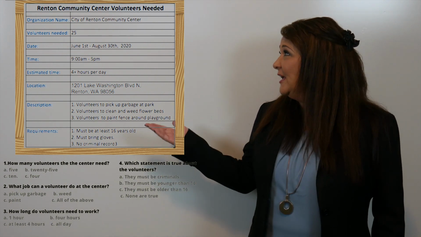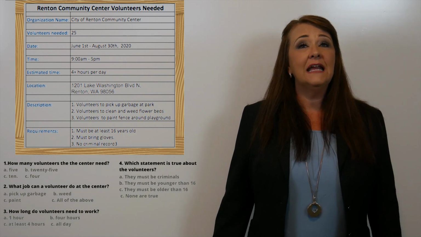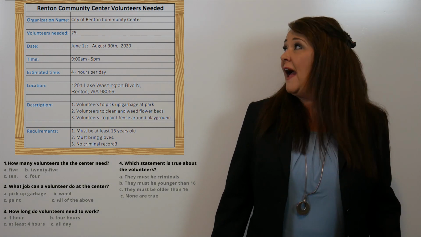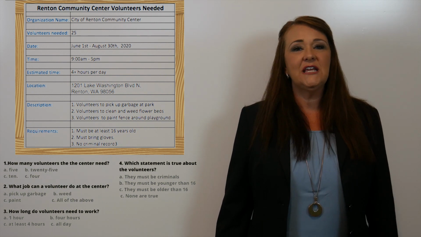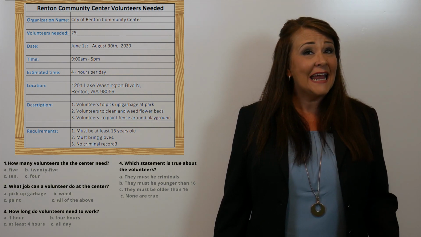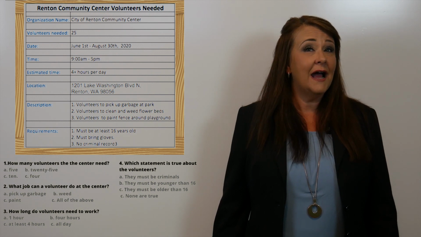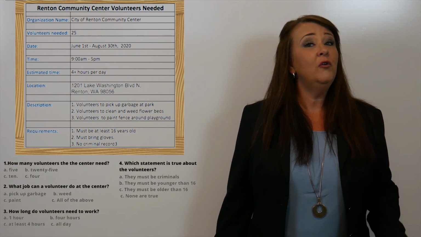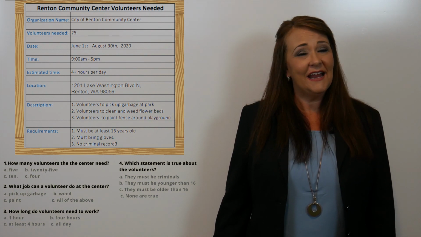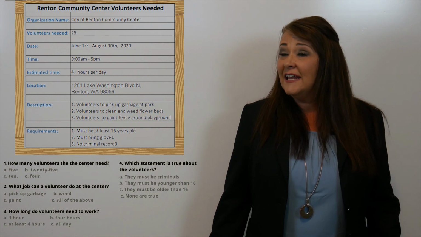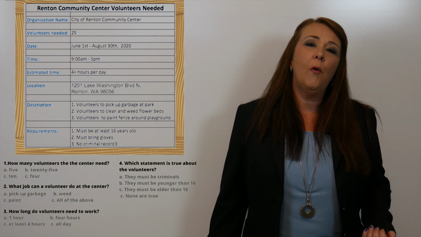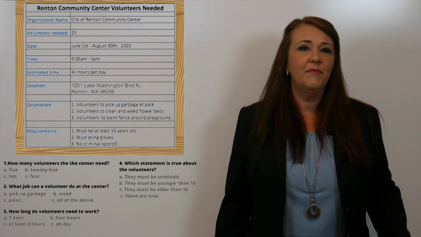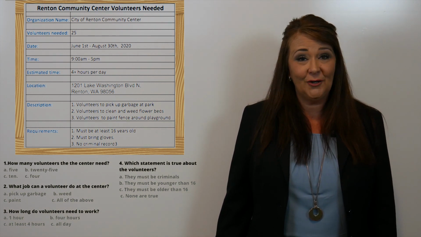So, here you see a community announcement. You have the name of the community, how many volunteers they need, what dates they need, what times they need, how long they're going to need help, the location, and then a description and requirements of the job they're asking people to do.